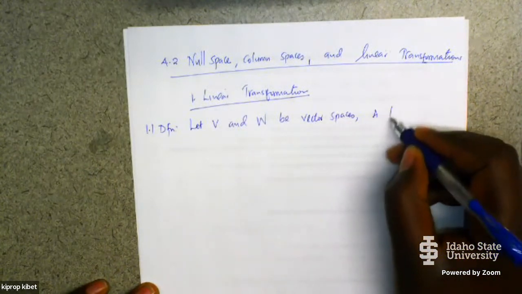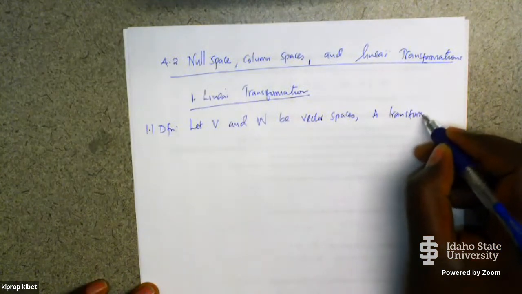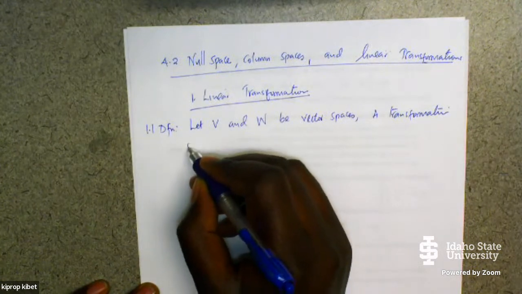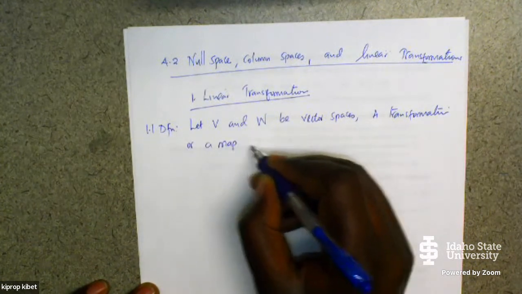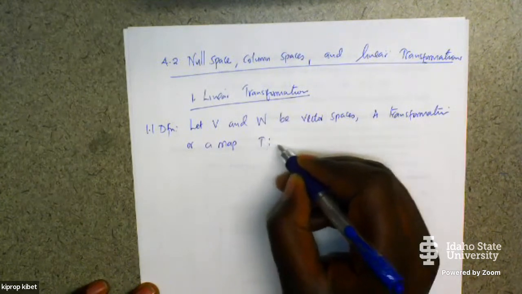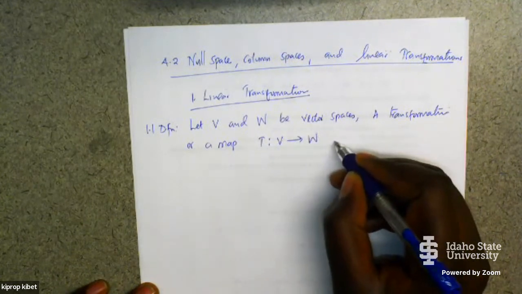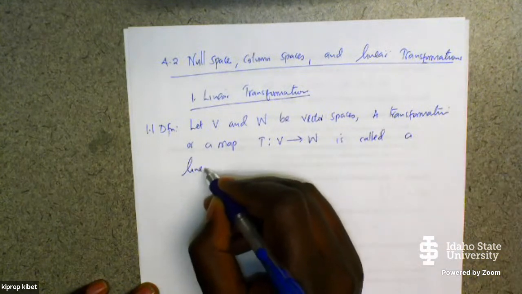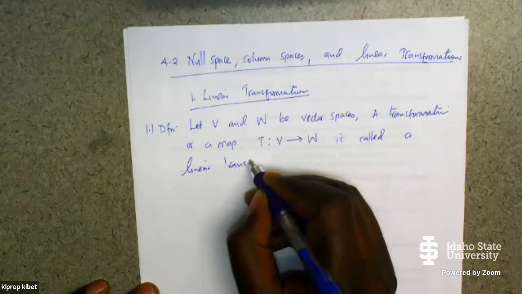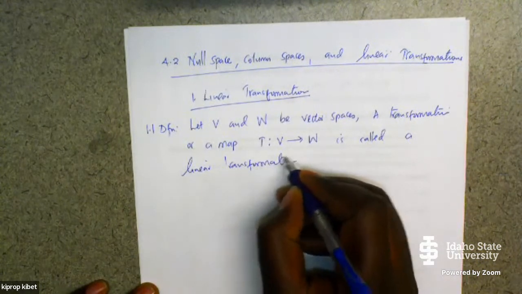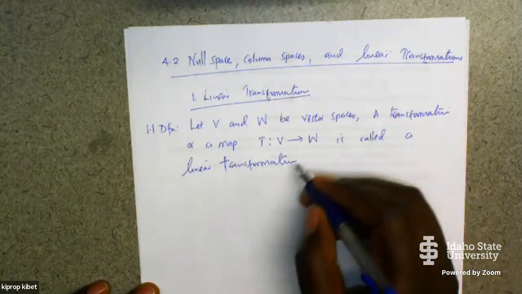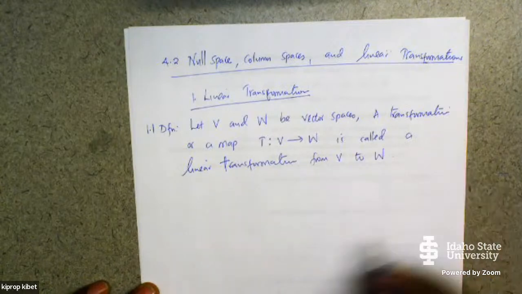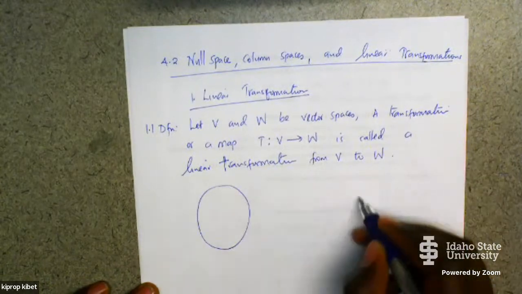A transformation or a map T from V to W is called a linear transformation or linear mapping from V to W.